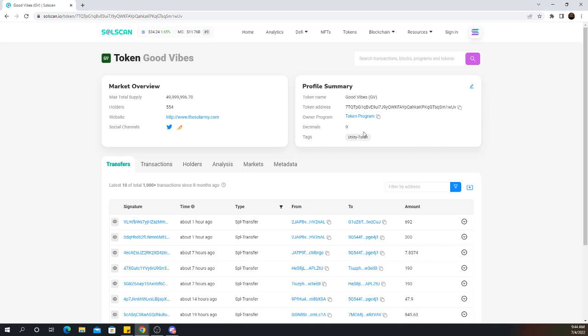So if you've ever been in a situation, and this happens probably about once a month, I think, where a hyped project accidentally mints and people realize they can get unlimited on whitelist, this is usually the mistake they've made: they made the decimal count 9 instead of 0, and so people can just essentially mint unlimited.